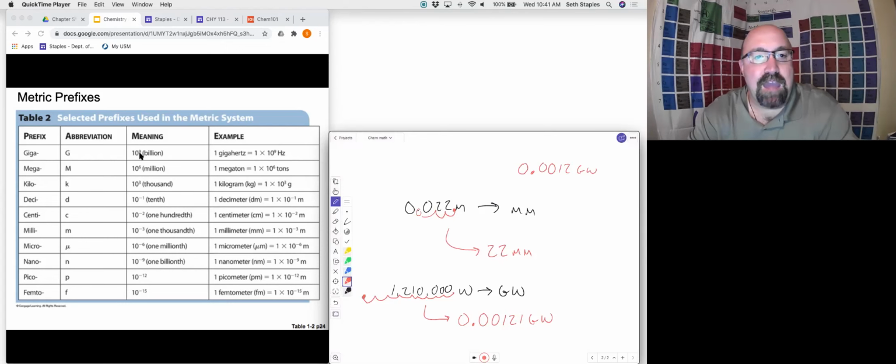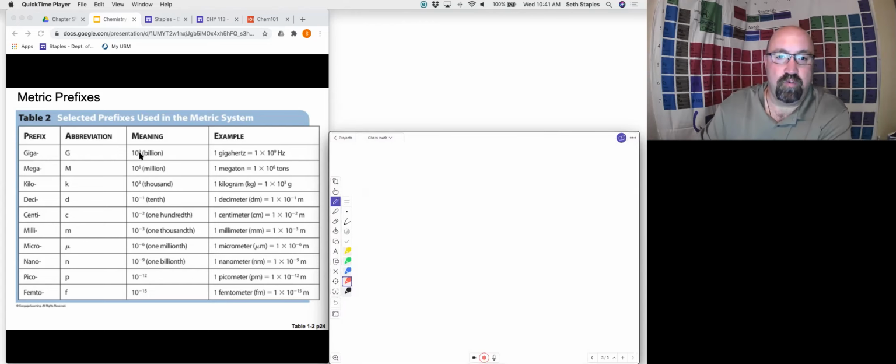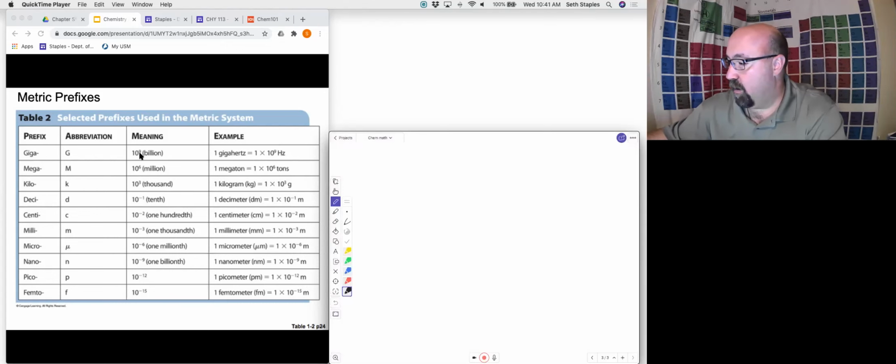Okay. And so let's say that you're moving from one metric prefix to another, rather than just going back and forth between the base units. It's the same exact idea. You're going to just move your decimal point around. And so maybe we are going from 11.2 micrometers, and we need to convert that over to nanometers.